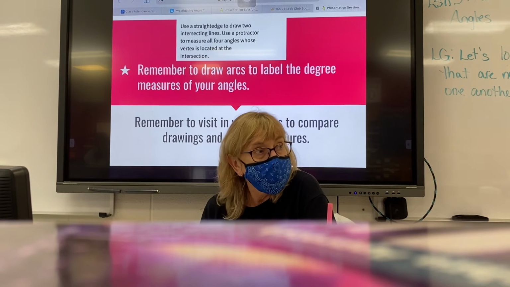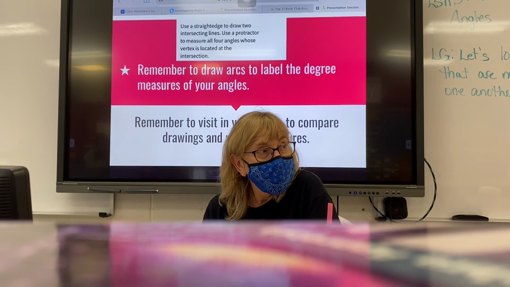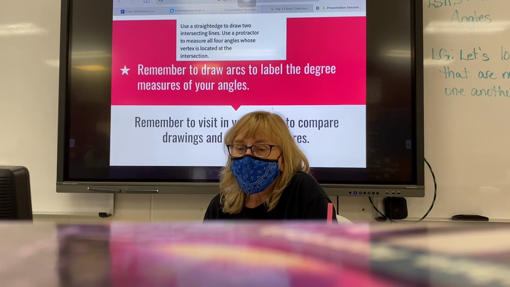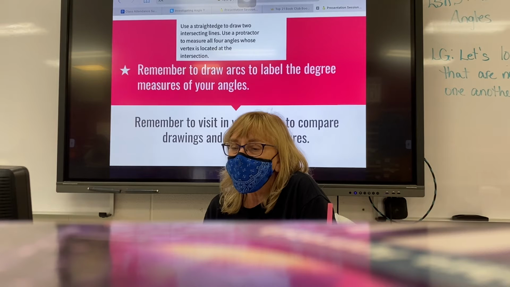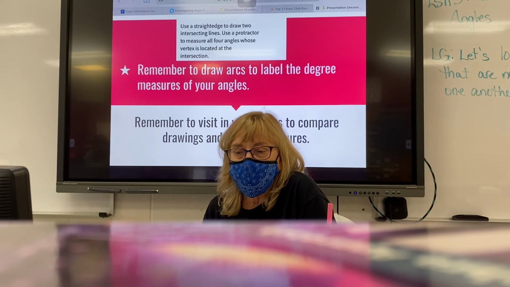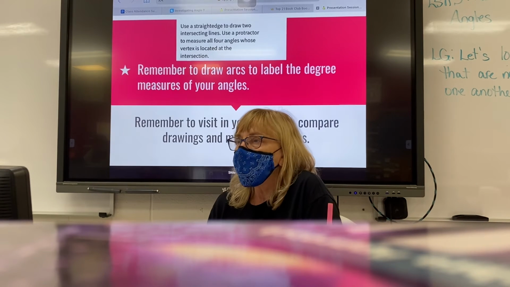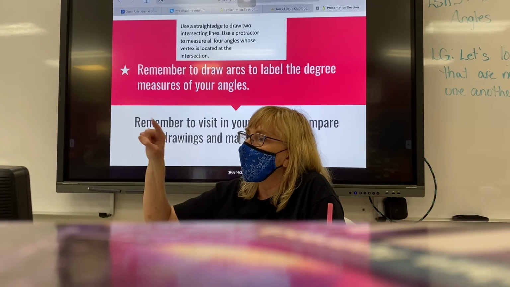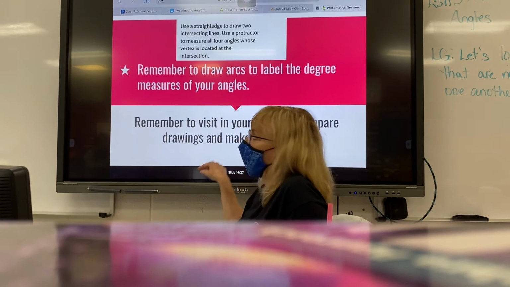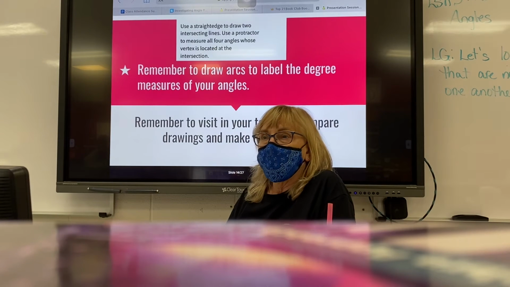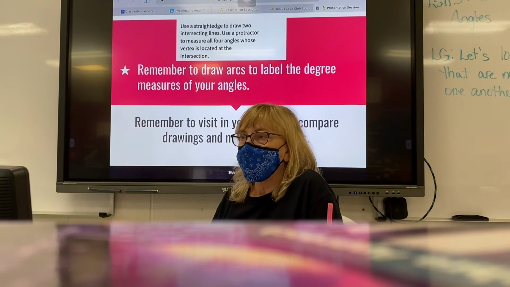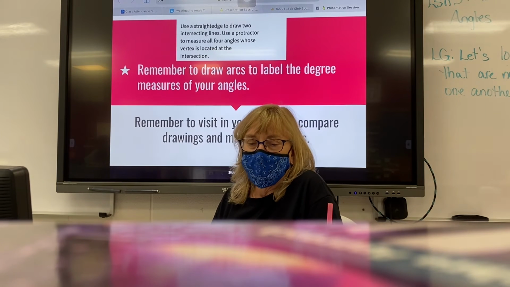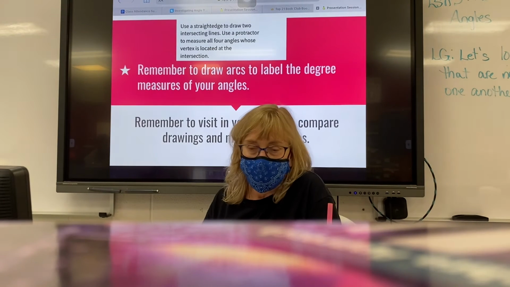Remember to draw arcs to label the degree measures of your angles. If you've got two angles that are the same, you're going to give them the same number of arcs. I'll show you that in a minute. Just go ahead and measure all the angles. Put the measurement in there.